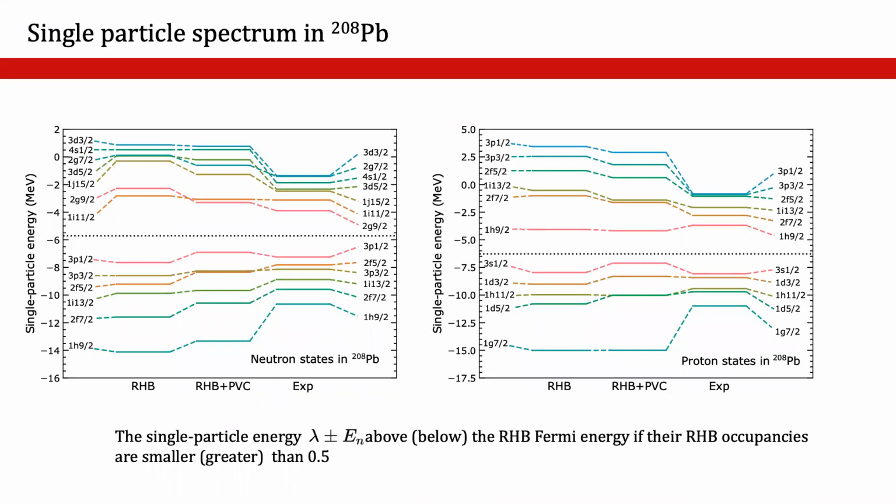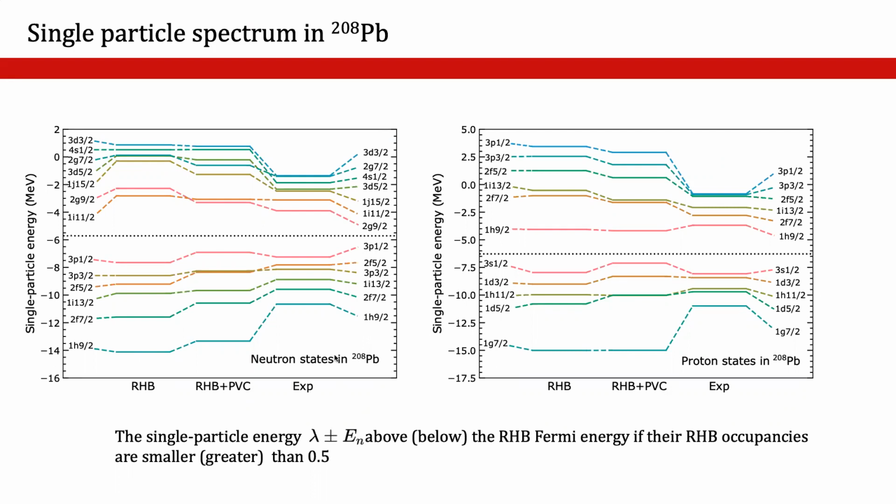As I mentioned earlier, we considered all quadrupole and octupole vibration modes, which means our J is equal to 2 and 3 with different K. And we compared our result with the relativistic Hartree-Bogoliubov result and the experimental result.